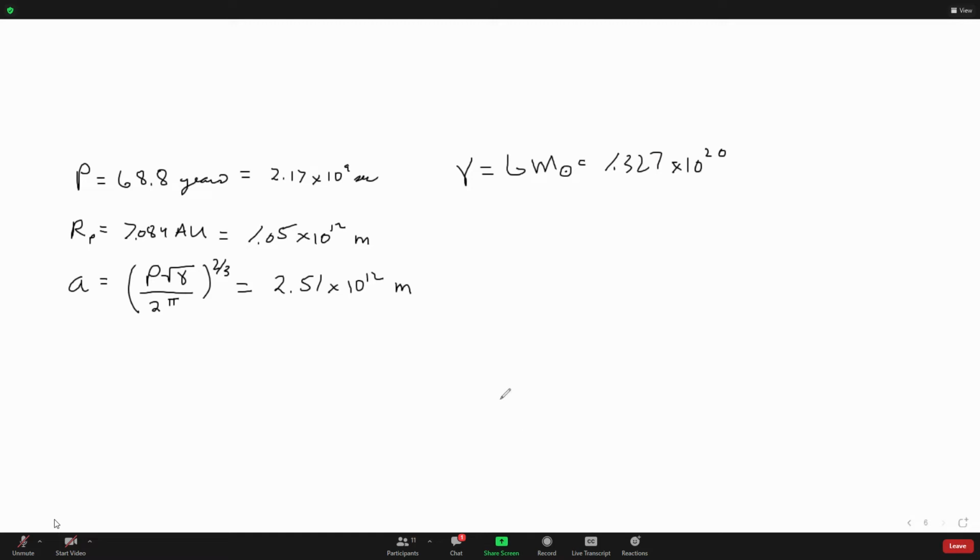All right. Let's calculate the eccentricity. Well, I know that R at perihelion is 1 minus E times A. That means E has got to be 1 minus R at perihelion divided by A. So Aurelio, you want to go ahead and calculate that for us?